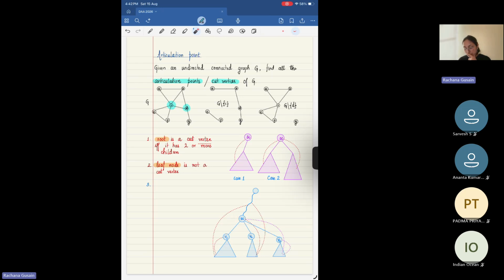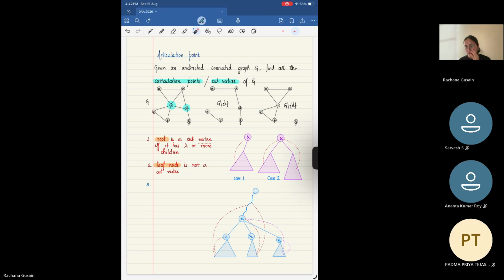Here if I remove U, do you see that the graph gets disconnected? Yes, the subgraph rooted at V3. So if I remove U here, let me copy this figure and show you.